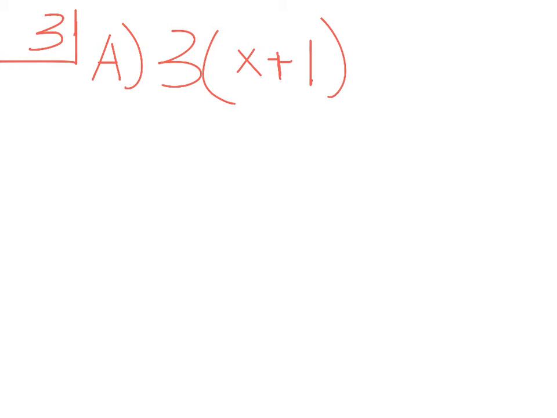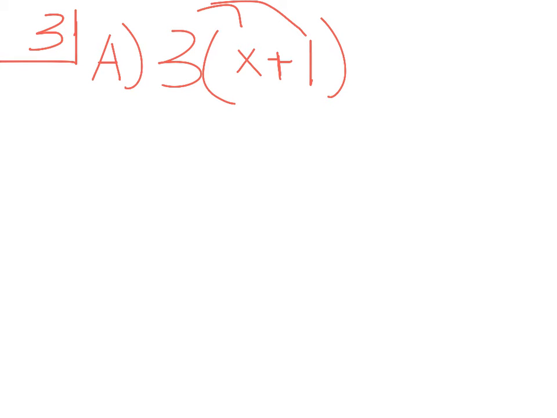Next we have the distributive property for example 3. It wants us to do part A, which is 3 times x plus 1. Now this time we've got letters involved, so you can't just take x plus 1 and make it 1x. First of all, 1x is 1 times x. X plus 1 is x plus 1. They're not like terms, so you can't put them together, but we are going to use the distributive property.